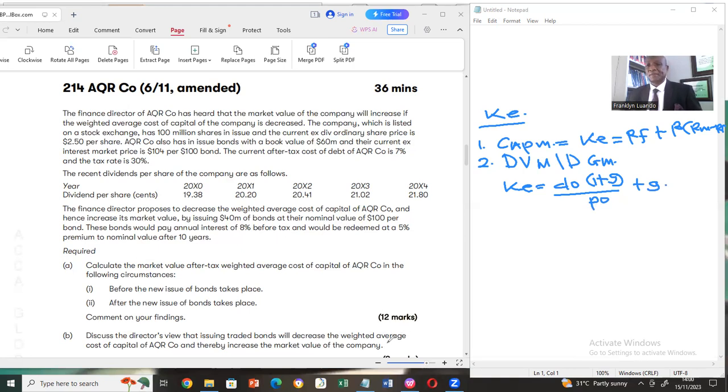So these are the two formulae that you can use when calculating the cost of equity.